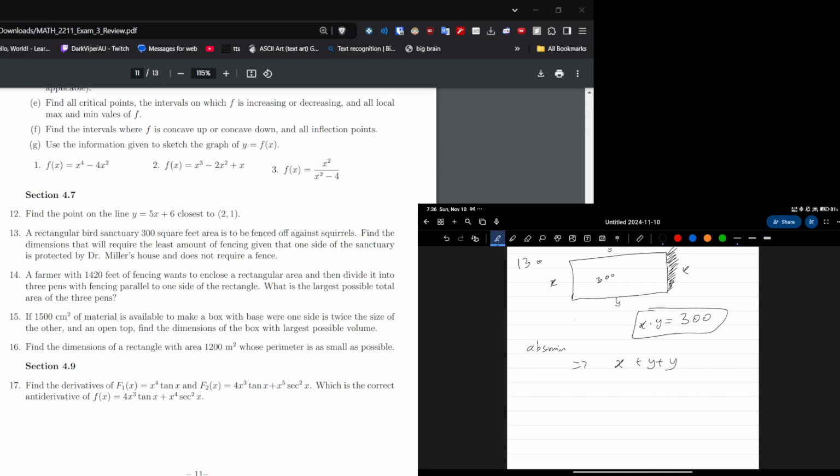Now we want to make it f of x or y, something like that. We want to make it a function. So I will use this to replace one of my variables. This would be x plus 2y, and I need to find P of something.